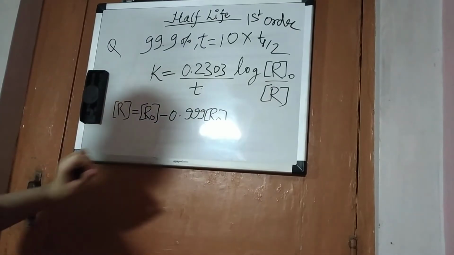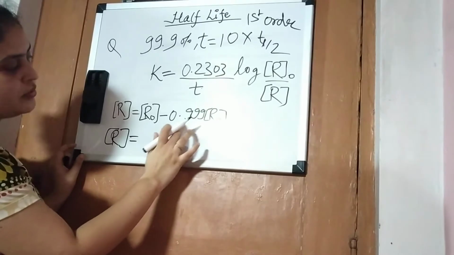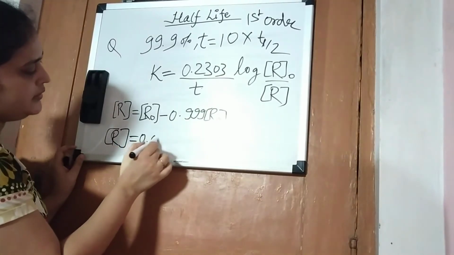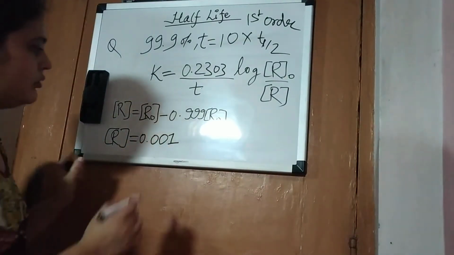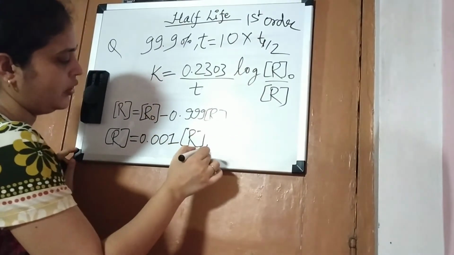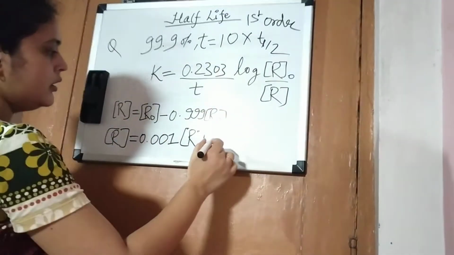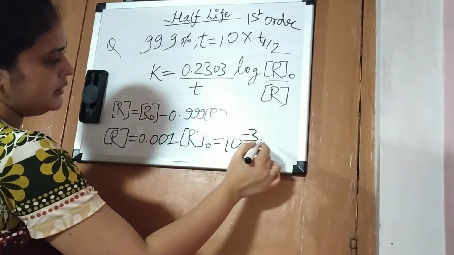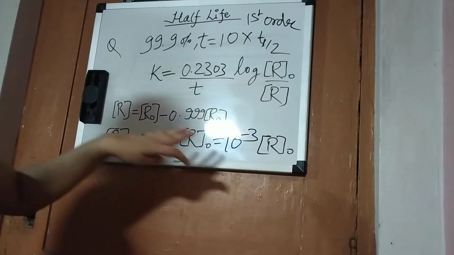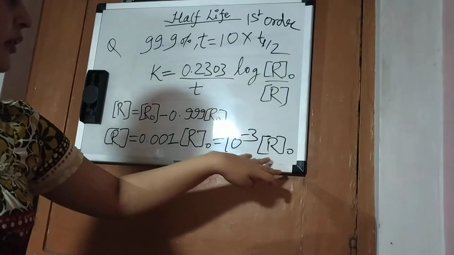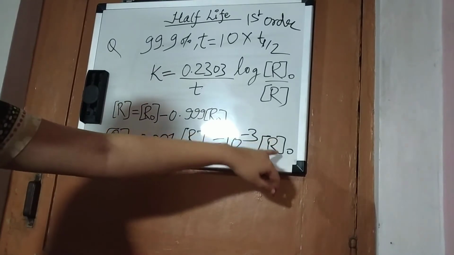Now 1 minus 0.999 will become 0.001, right? 0.001 R naught. Now 0.001 is also equals to 10 raised to minus 3 R naught. So finally we get R is equals to 10 raised to minus 3 R naught, and we will put this value here.